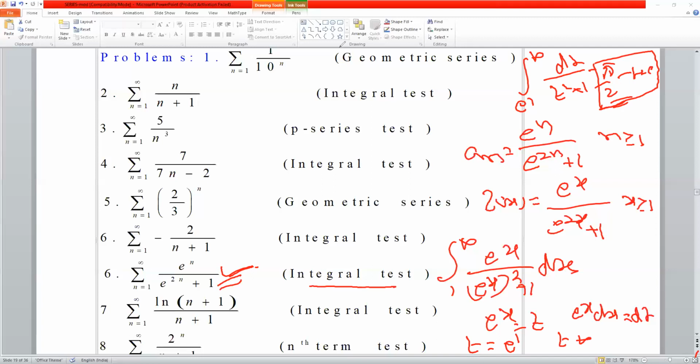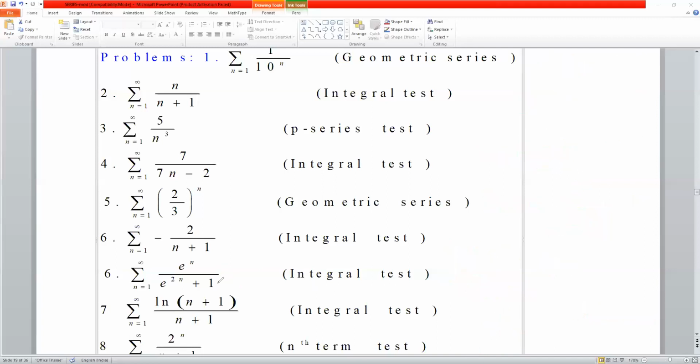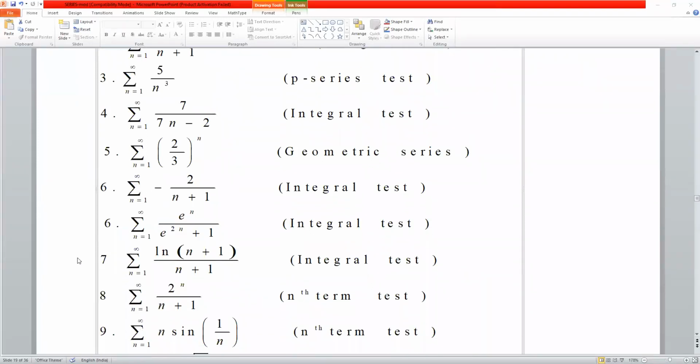Now let us move to the next example. Summation of n equal to 1 to infinity log of n plus 1 by n plus 1.